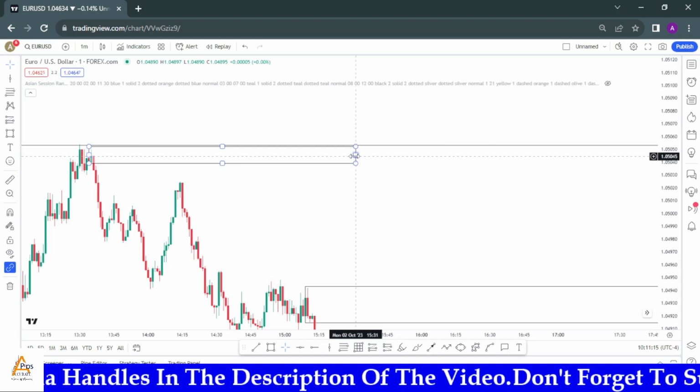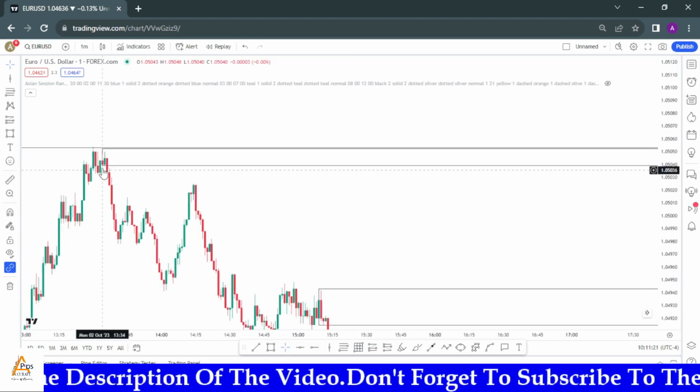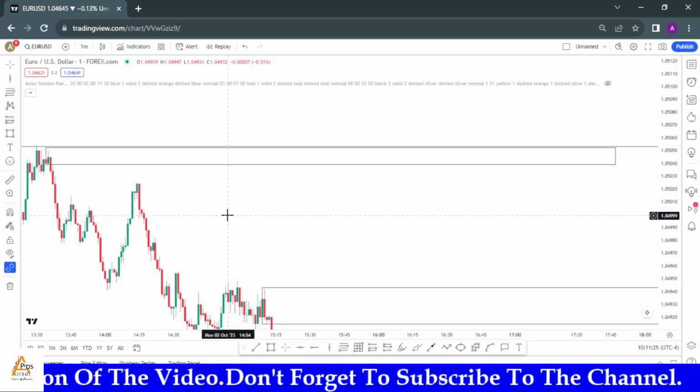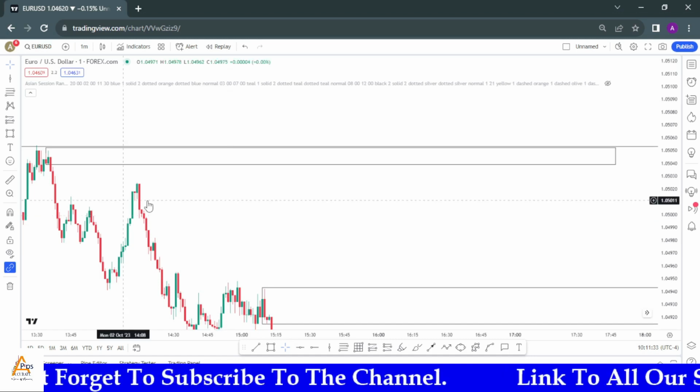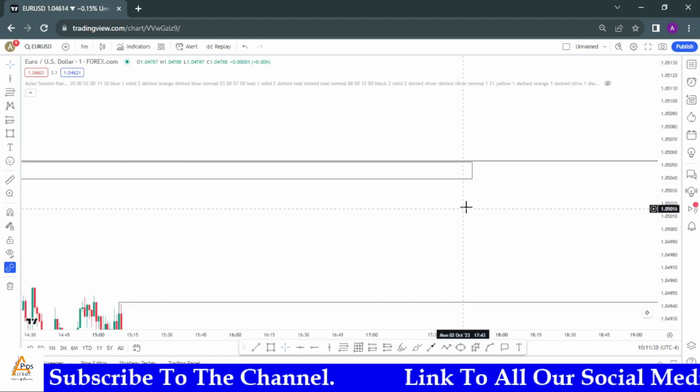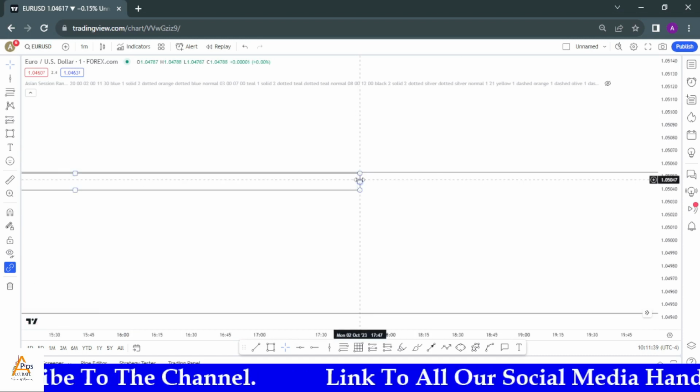So I marked this guy down. It has an imbalance between this guy and this guy, so it met the criteria for me. This area was already filled by this guy. Since this guy is above, this guy is having like an inducement over there, I just picked that zone, though I don't have very good faith in it.